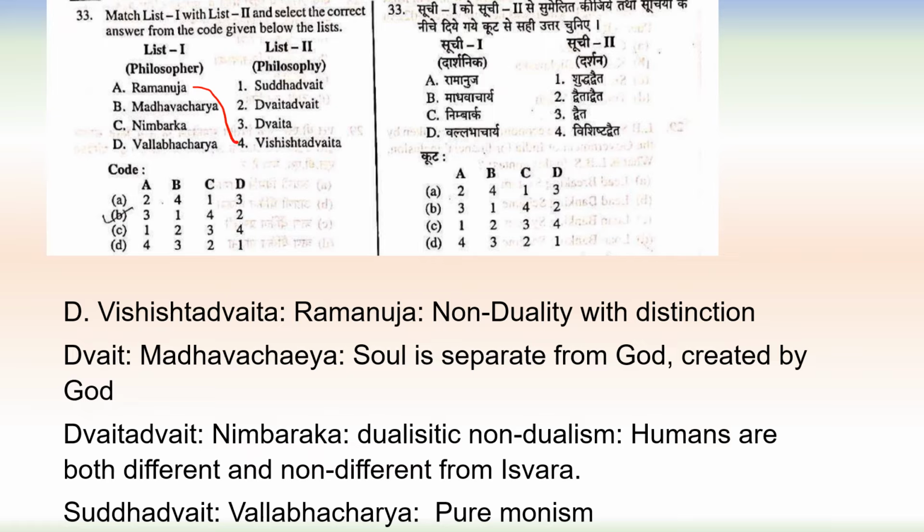Madhavacharya, his philosophy was Dvaita. Nimbarka, his philosophy was Dvaita Advaita. Vallabhacharya, what was his philosophy? Shuddhadvaita, pure non-dualism was his philosophy.